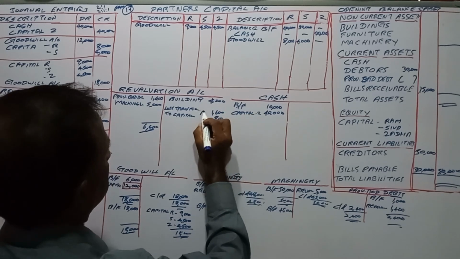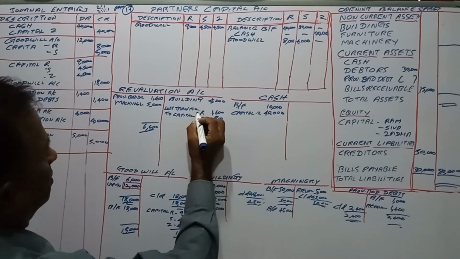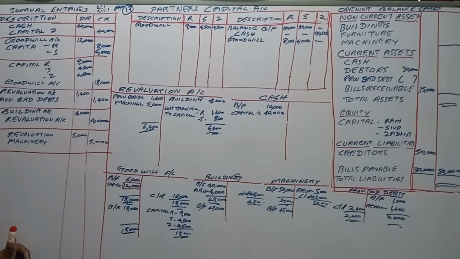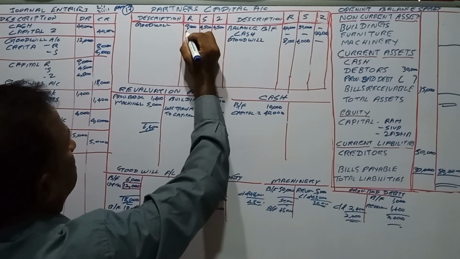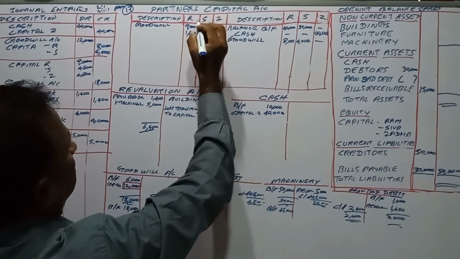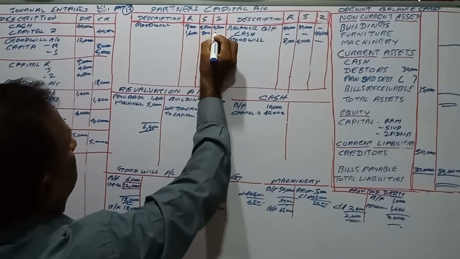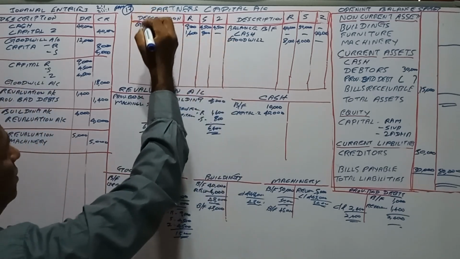Right? R and S. This is the revaluation account.